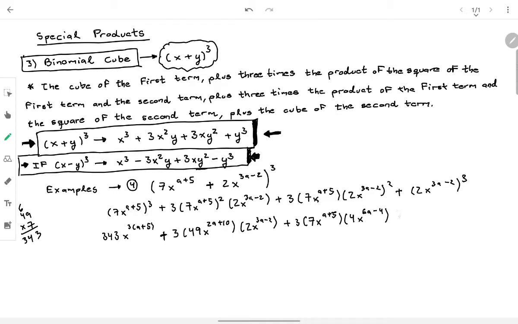Then it's going to be plus 8, because it's 2 times 2 times 2. It's going to be x, and it will be 3 multiplying 3a minus 2. You can do it by mind also. So the final answer is going to be 343x to the 3a plus 15, plus it's going to be 49 multiplied by 6.